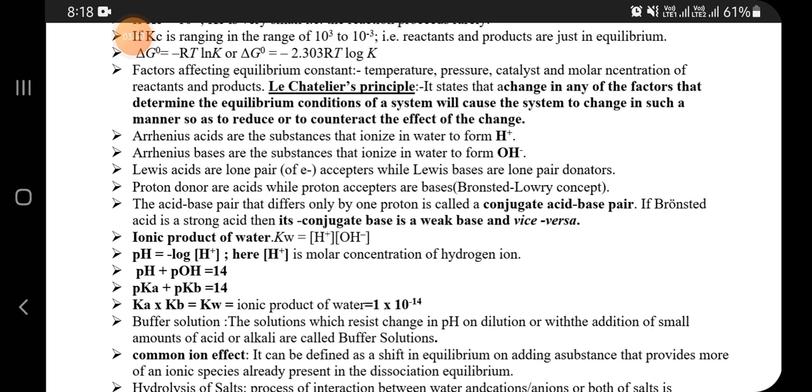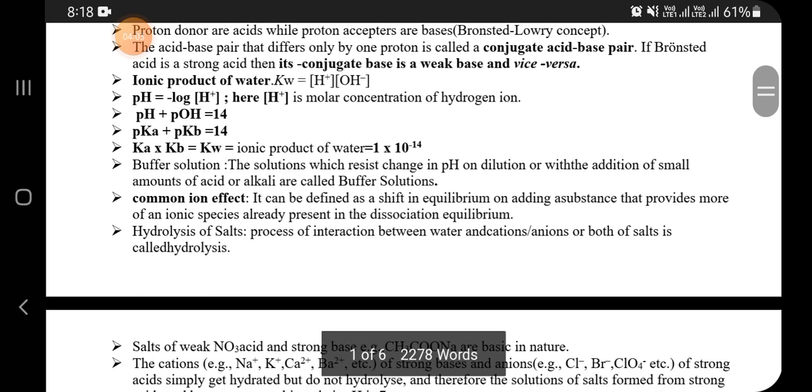Proton donors are acids, while proton acceptors are bases, which is also the Bronsted-Lowry concept. The acid-base pair that differs only by one proton is called a conjugate acid-base pair. If a Bronsted acid is a strong acid, then its conjugate base is a weak base and vice versa.